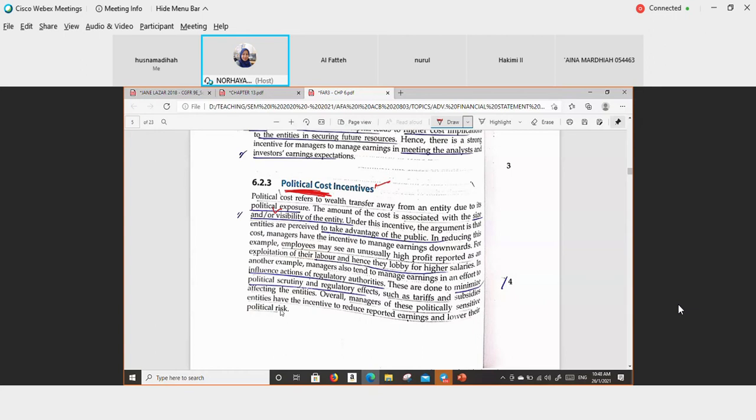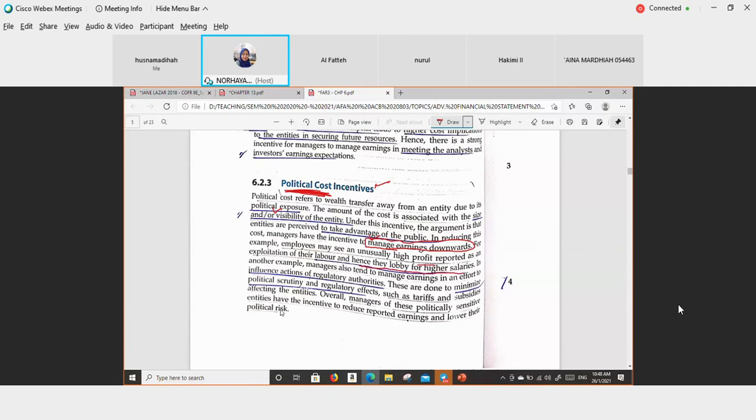So under this incentive, the argument is that entities are perceived to take advantage of the public. To reduce the cost, managers have the incentive to manage the earnings downwards. Dia akan manage earnings tu untuk kelihatan lebih rendah. For example, employees may see unusually high profit reported as exploitation of their labour and hence they lobby for higher salary.